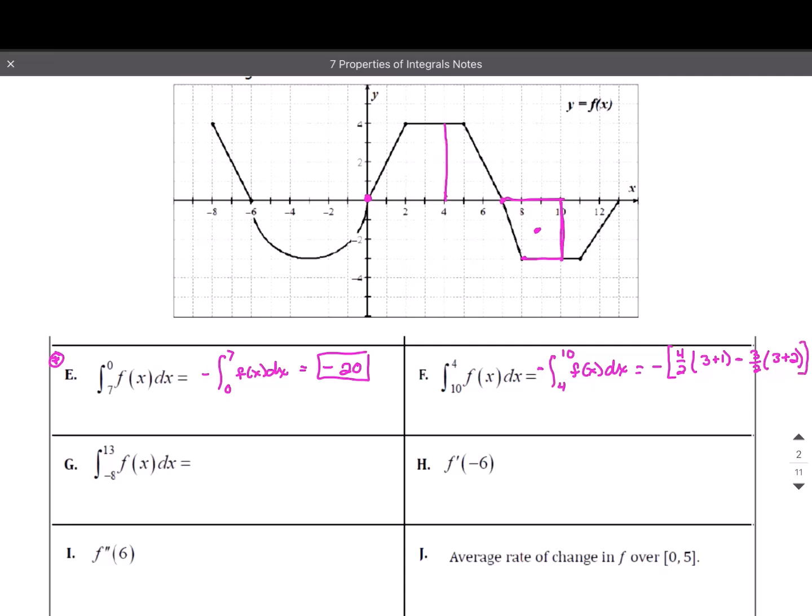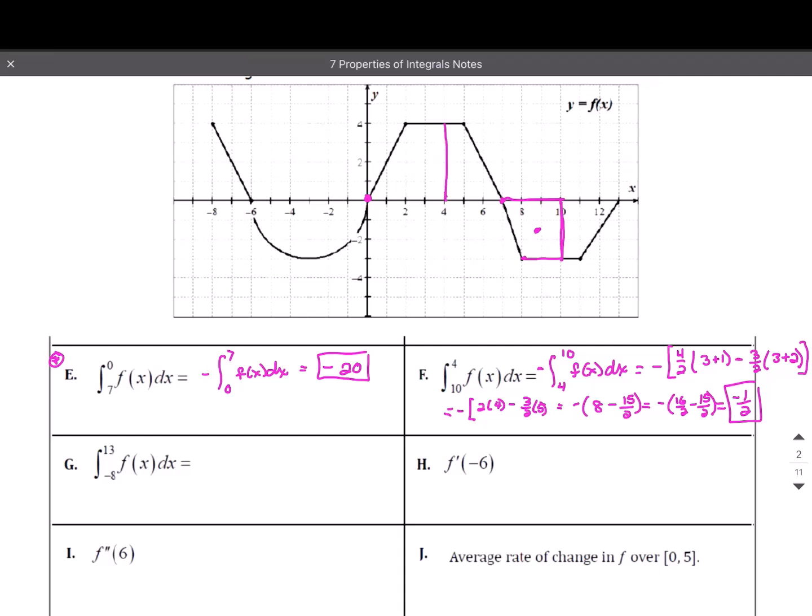So now I've got the negation of 2 times 4 minus 3/2 times 5, which is going to give me the negation of 8 minus 15 halves, which is the negation of 16 halves minus 15 halves, which is negative 1/2.